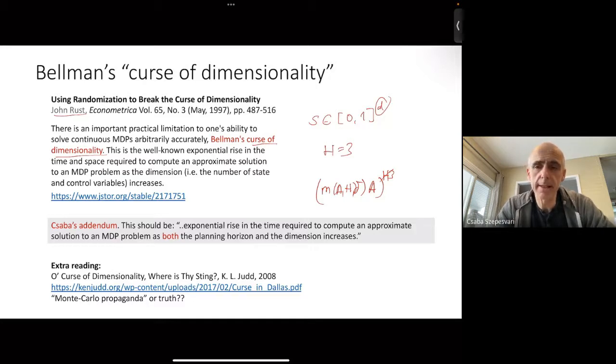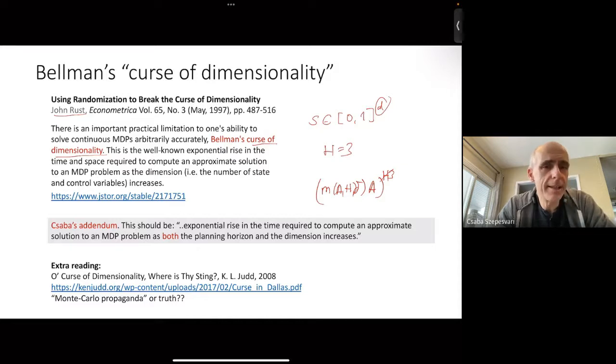Look-ahead planning handles the edge case when the effective horizon is small, and dynamic programming handles the edge case when the number of states is small. So what remains to be seen is what we do when neither is small, when both are large. We have to invent something else. And that's what we're going to do in the rest of the course.